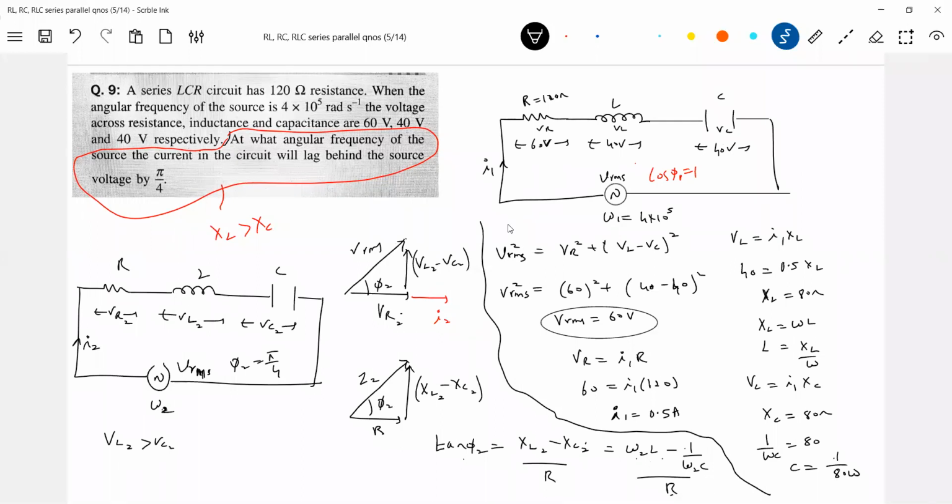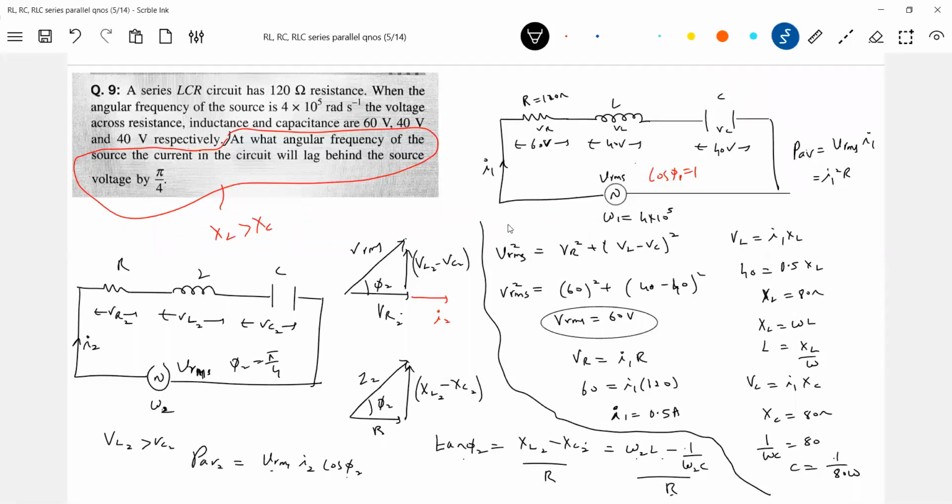You calculate what is the power dissipated here. Average power dissipated in this case should be equal to VRMS into I1 only, or I1 square R. Come for the average power dissipated here. It should be equal to VRMS I2 cos phi 2. We know the phase angle, we know VRMS, but we don't know I2.